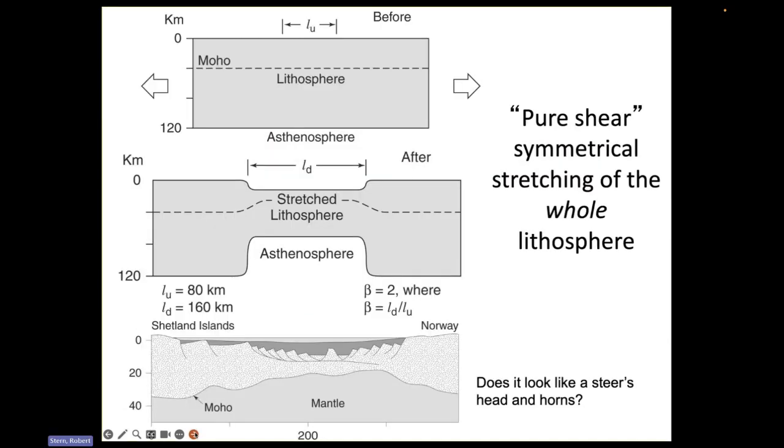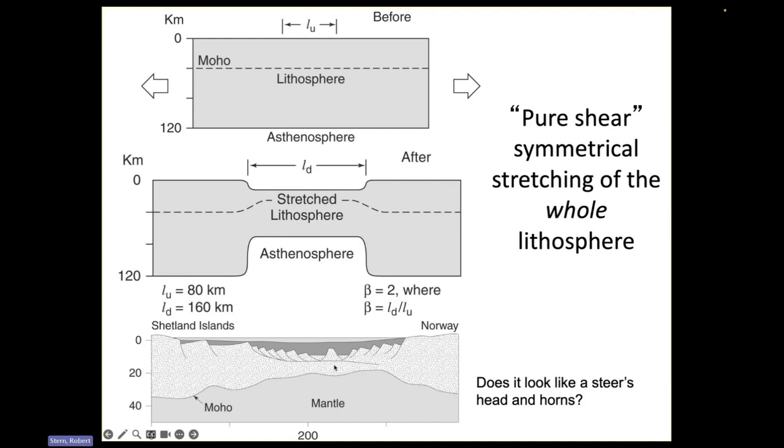All right, so here we're going to stretch the lithosphere. We're going to subject it to a certain beta, so a beta of 2. You can see that what we did is took this length and doubled it, took this thickness and halved it. And now we end up with something like this. This is the section from Norway to the Shetland Islands near Scotland.